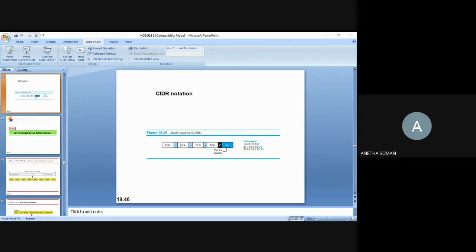If a particular organization requires only a small quantity of addresses, they are provided with a block of that size. The subnetting concept can also be involved in classless addressing. The main idea of classless addressing was based on the CIDR notation, x dot y dot z dot t slash n, where slash n is nothing but the mask value.